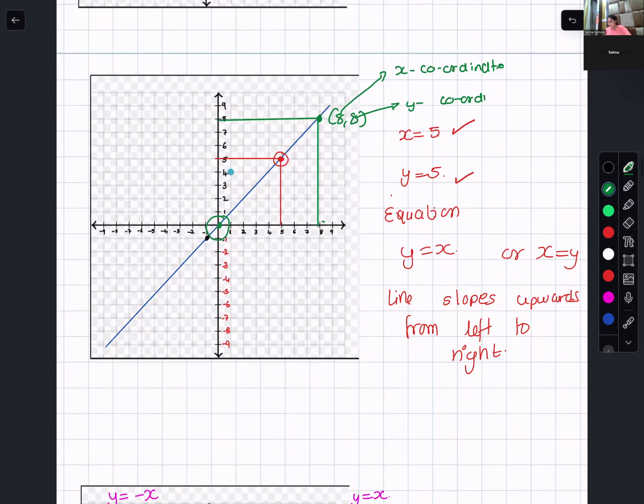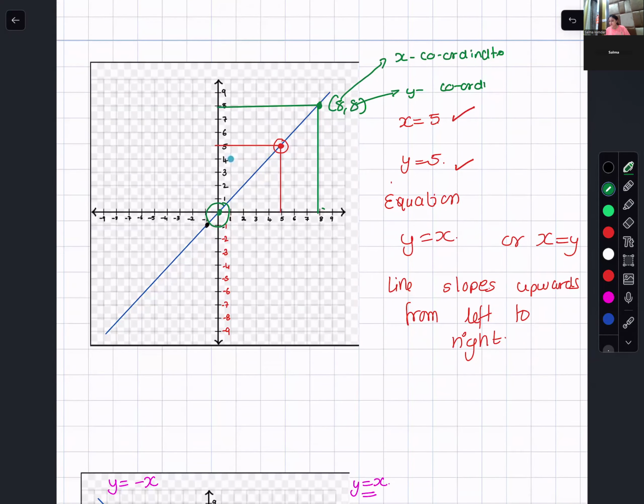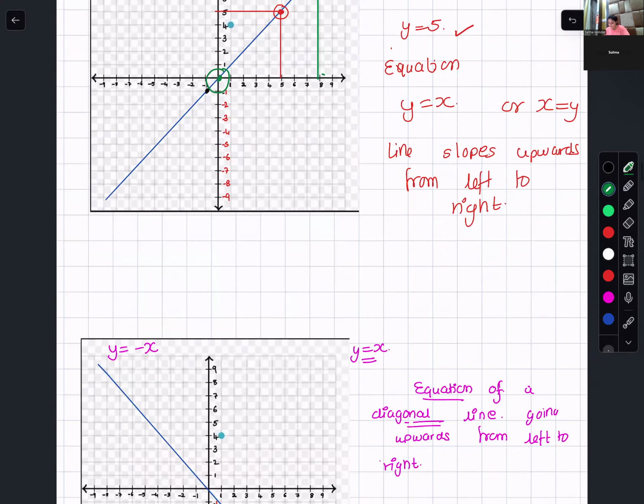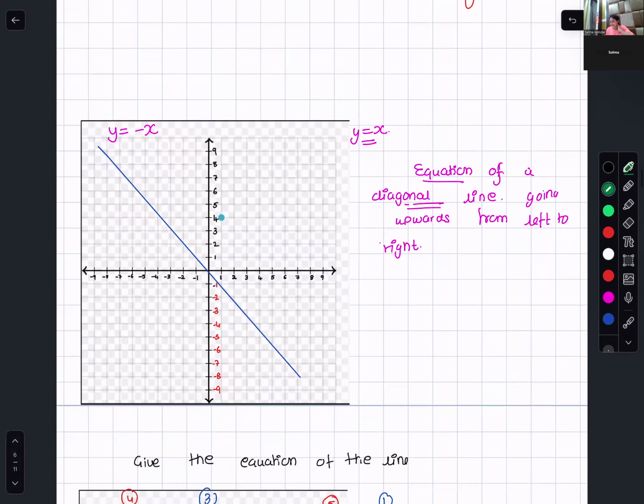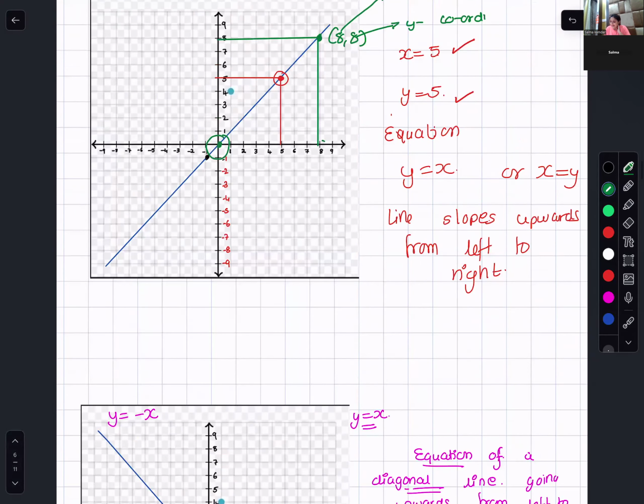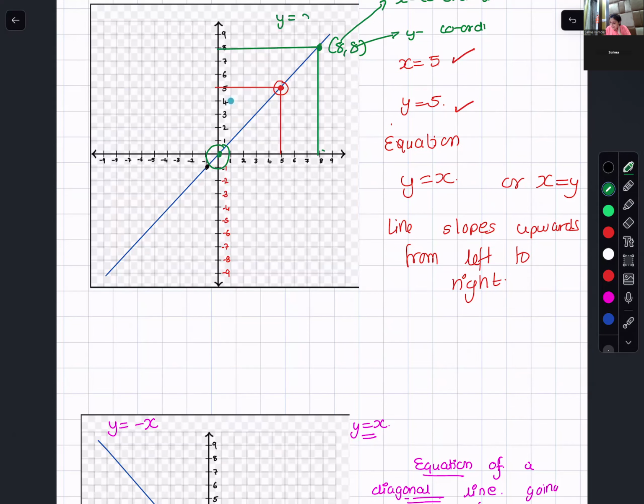So the line slopes upward from left to right, and the equation of that line will be y is equal to x, or you can write it vice versa. It will be a positive equation, and this is called a positive slope.